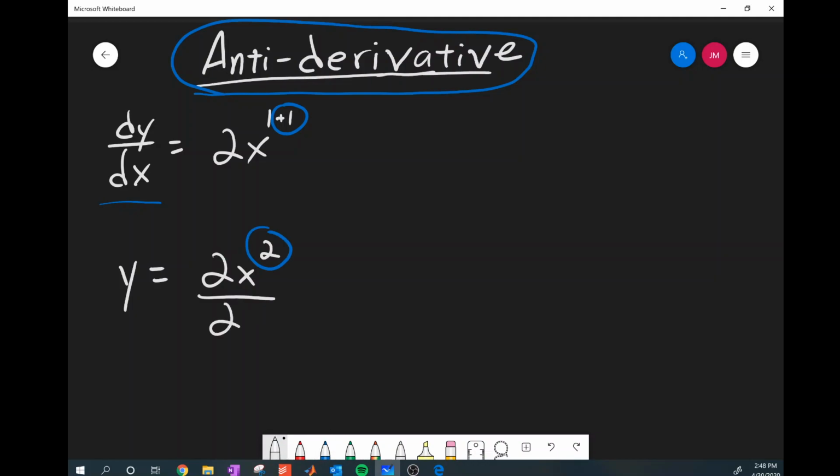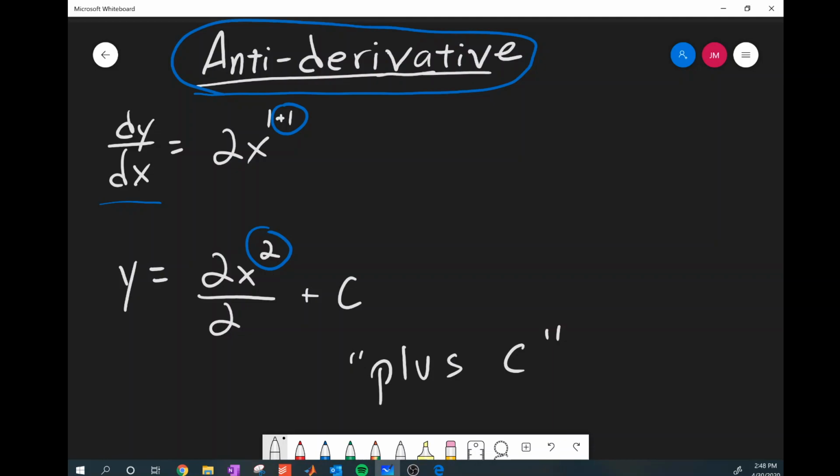But if you remember, I said before that I could add plus 8, I could do plus 7, I could even do minus 4. If I put any of those in, when I check my answer, it's going to be the same. So since I can use any constant, what we're going to do is add a plus c. So don't forget your plus c.